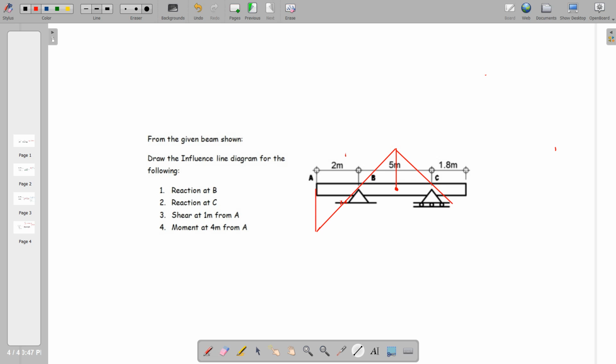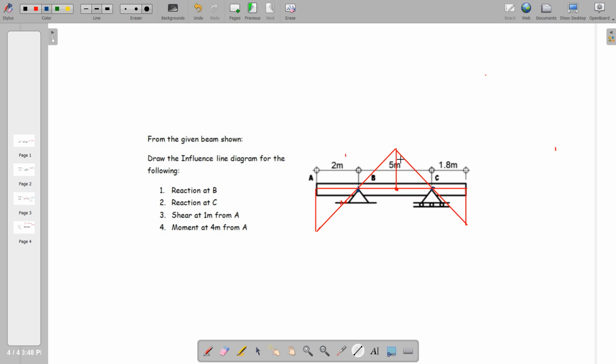And we have an overhang on the other side. So notice that your beam will just have to rotate along your support reactions. See, we label all the dimensions.